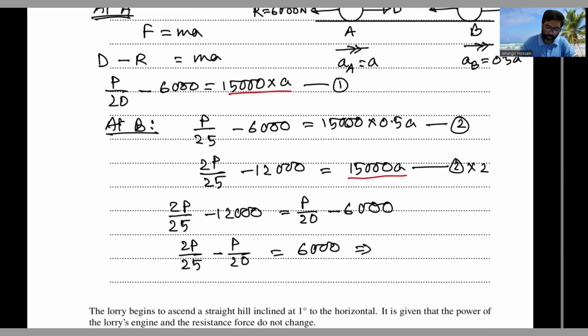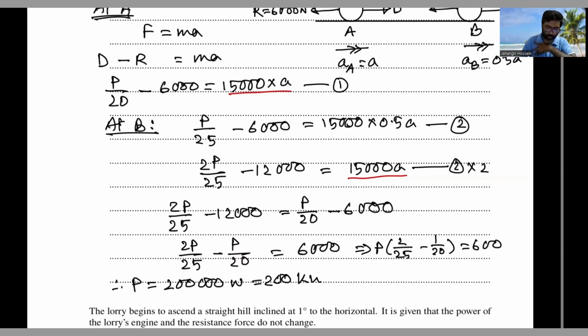So from this one, P times (2 by 25 minus 1 by 20) equal to 6,000. So P equal to 200,000 watts. That's 200 kilowatt.